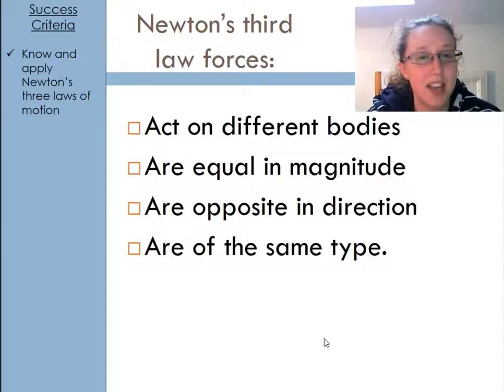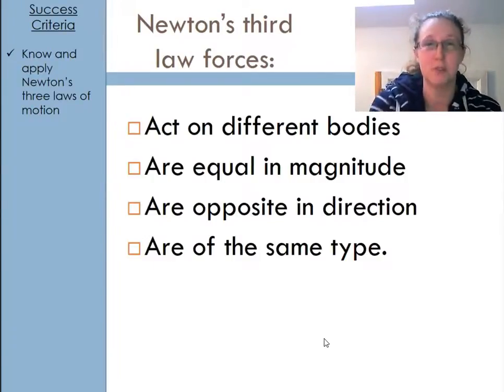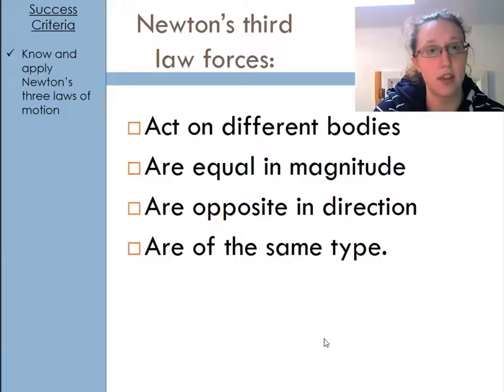And if you can say no to any of those four things, you can very quickly rule out that they are a Newton's third law pair. So we just need to know these features of Newton's third law paired forces. But again, remember the thing about there being two bodies and they act on each other. This is where it comes back into it here, that they must act on different bodies.